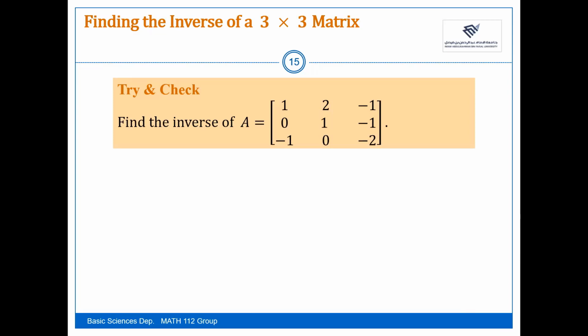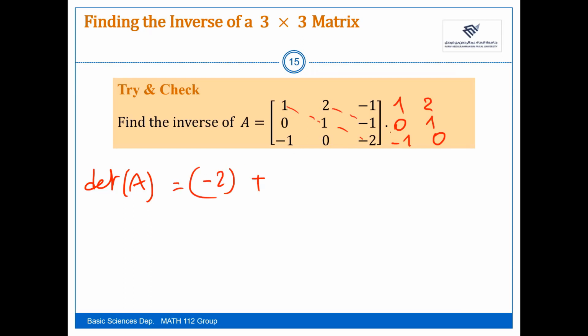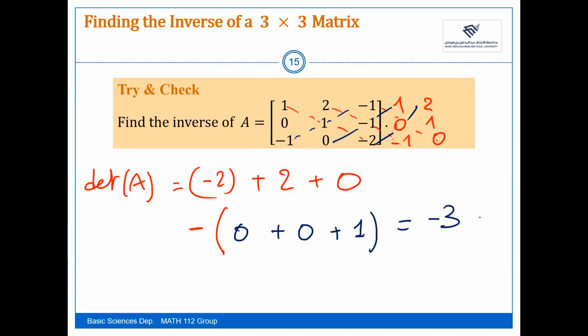Order 2 is quick and easy; higher order is a bit longer, because we said you start by calculating the determinant of A using Sarrus. So you calculate 1 times 1 times -2, plus 2 times -1 times -1, plus this times this 0, minus, open a bracket, 2 times 0 times -2, 0, plus 1 times -1 times 0, 0, plus -1 times -1, and you give me -3, different from 0, so you continue.